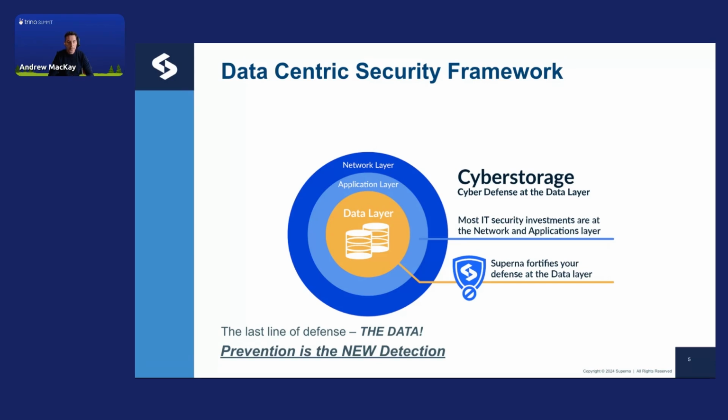And as you can see, as a layered approach, you definitely need the network. You need application level security that can include endpoint protection. But now we're going to add a new layer. And this is the area that Superna specializes. And we've been focused on this layer of security for almost 15 years. And we like to give this handle: prevention is the new recovery.